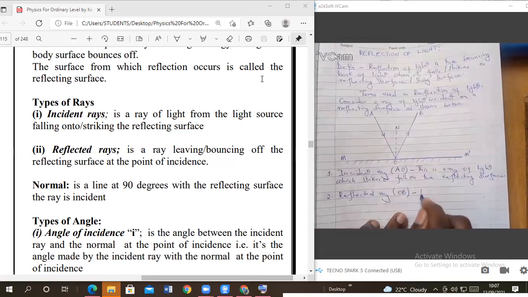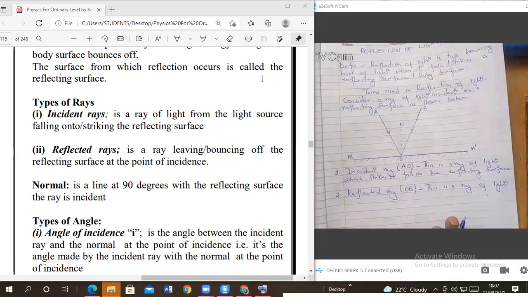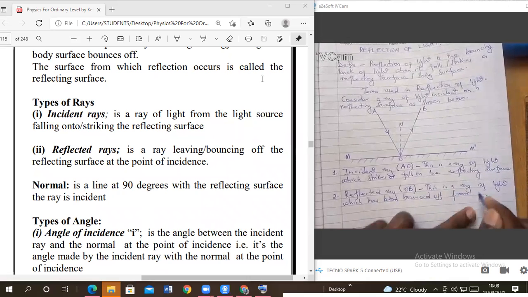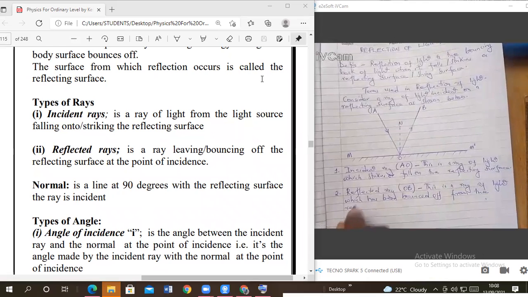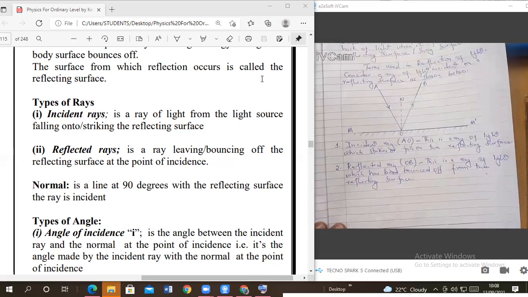We said this is a ray of light which has been bounced off from the reflecting surface. That ray is called the reflected ray.